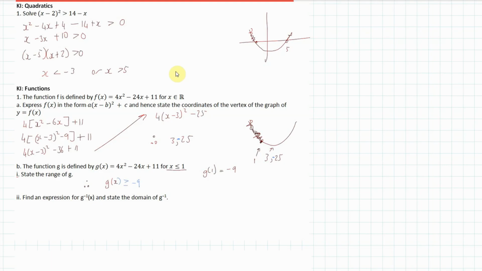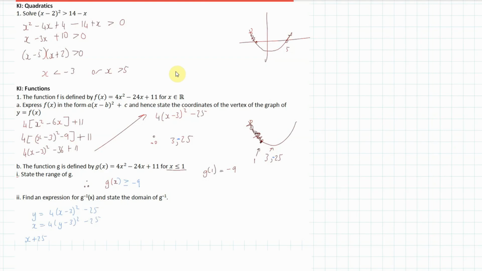Now we've got to find an expression for the inverse. So you always want to use your completed square version here. I'm going to swap my x and y values over. So I should get this. And then I'm going to pull that 25 across.